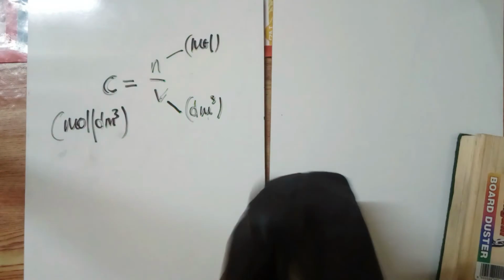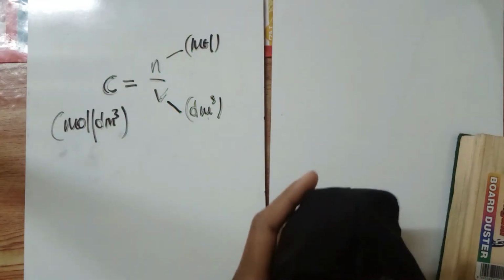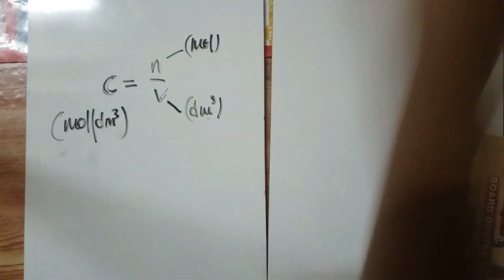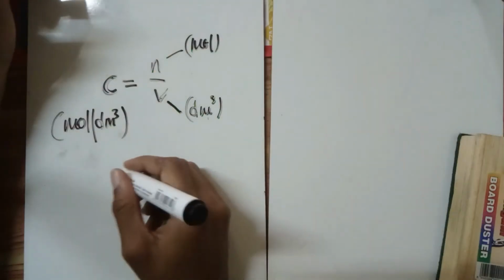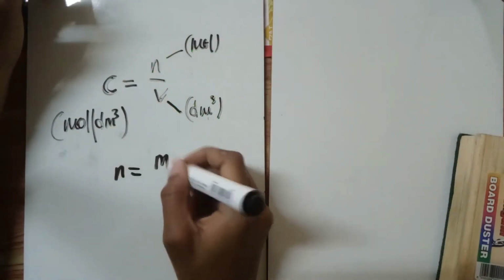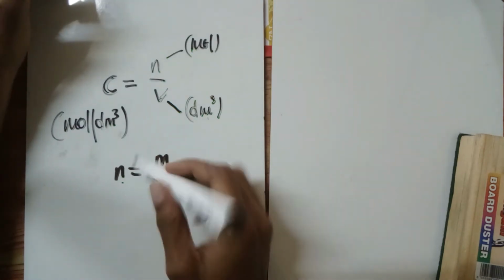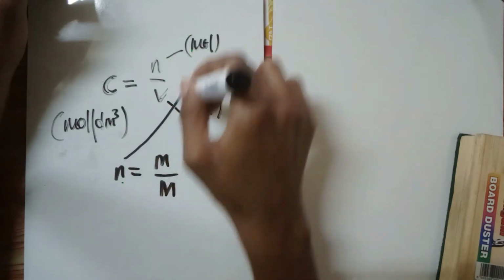But you can also rewrite this equation over here. Remember, we already know the equation for the number of moles, and we said it's m over M, right? So meaning we can just substitute this n value right there at the top.